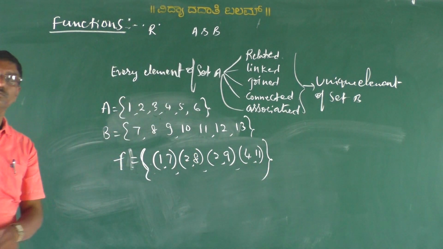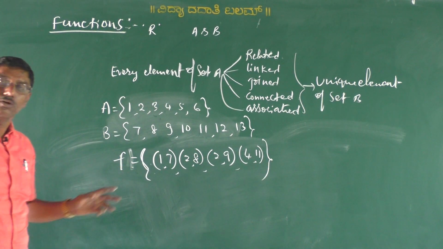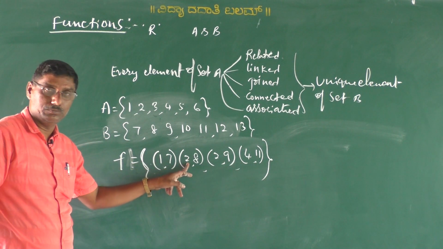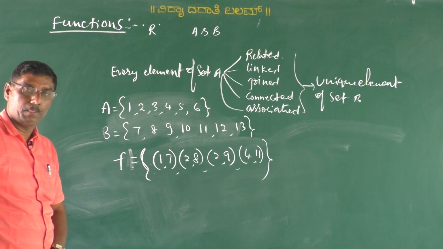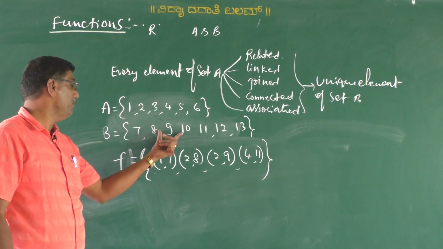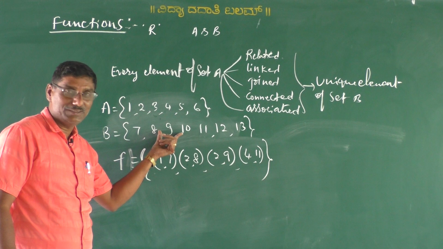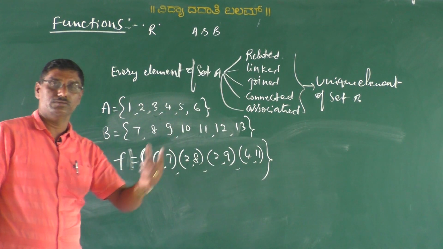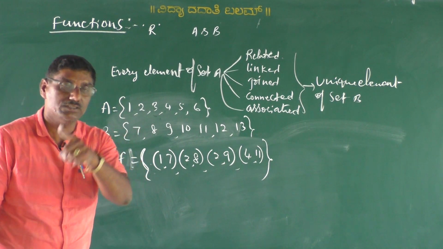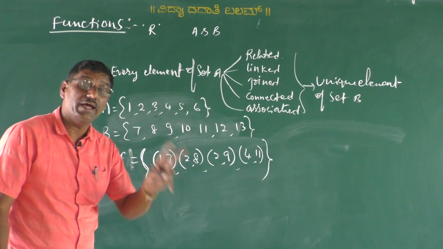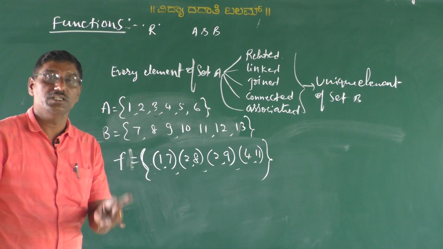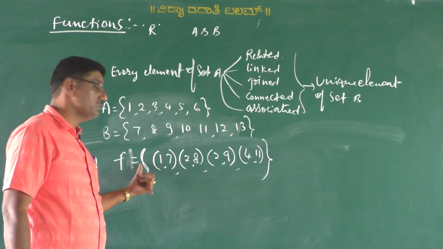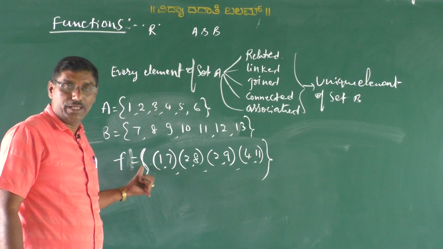Is it a function? No. Why? Since the element 2 is related to two elements of set B, that is 8 and 9. That means the element 2 has two images. Hence, this is not a function.